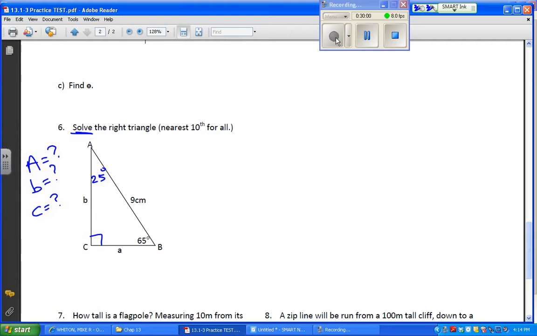So a trig ratio could do that. If I'm using this angle, let's just say I'm choosing to find A first. You have to find A and B, pick one. From the 65, this would be the adjacent side, and that would be my hypotenuse. So couldn't we say the cosine of 65 degrees is the adjacent side over the hypotenuse?